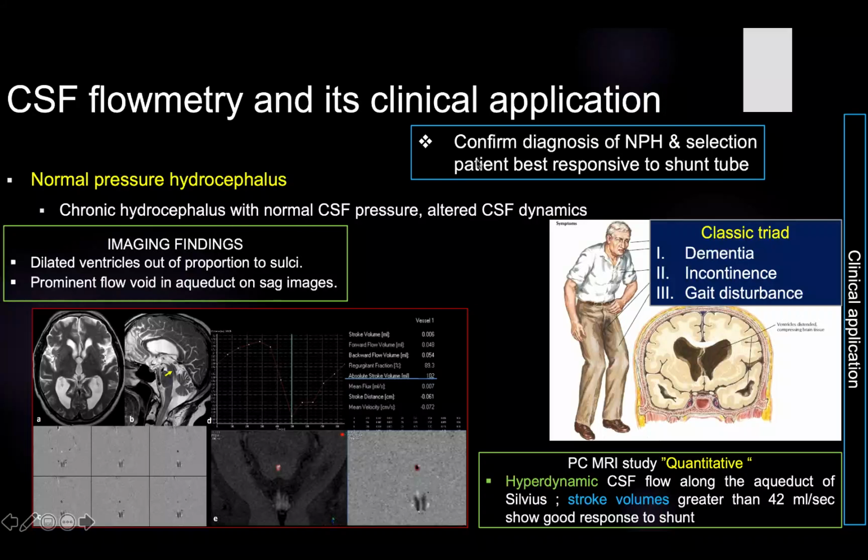It confirms the diagnosis and allows proper selection of patients who will best respond to shunt tube insertion, and this depends only upon the quantitative assessment of the CSF flowmetry study.